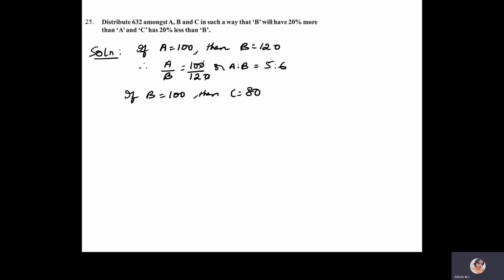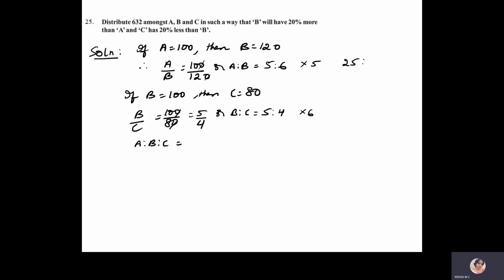So B by C is equal to 100 by 80, that is equal to 5 by 4, or B is to C is equal to 5 is to 4. So A is to B is to C is equal to, so this I can multiply by 5, and this I multiply by 6.